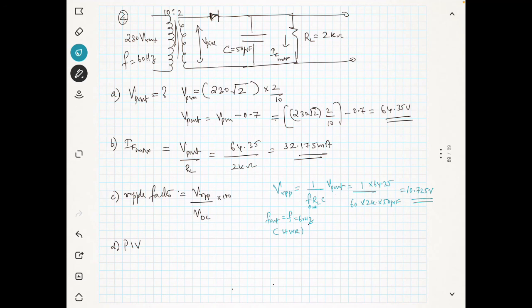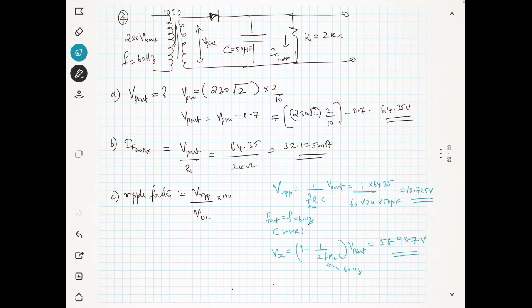Next you will get VDC, which is equal to 1 minus 1 by 2 F into RL into C, into Vp out, which is equal to 58.987, okay. You know F is 60, you know RL, you know C, everything, so it's easy to obtain.